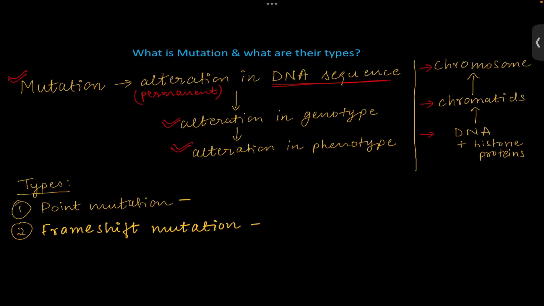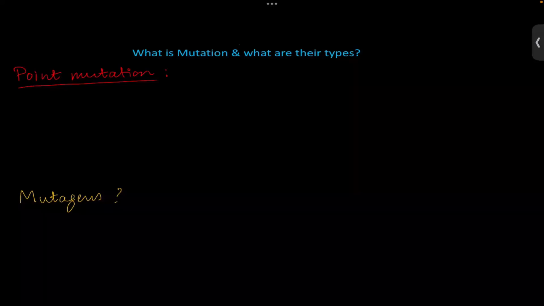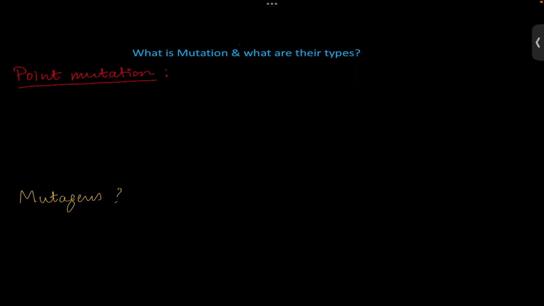So mutations can be categorized into various types. First is the point mutation. Another is the frame shift mutation. So what happens in point mutation? You will study this again in more detail in the next chapter, but in brief, let me explain. You are given a DNA sequence.